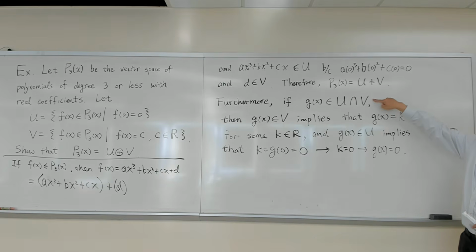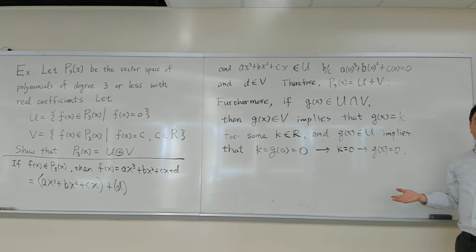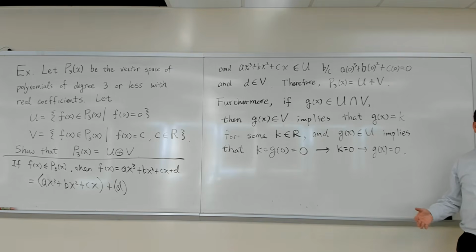Now let's see what this much proves. I picked any arbitrary element in U intersection V, right? What did I find out? I found out that g of x ends up being 0. What kind of set has a property that you pick anything, it's always 0? It's the set with only the 0, right? Okay.